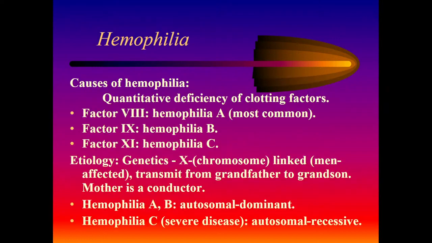Hemophilia. Cause of hemophilia: quantitative deficiency of clotting factors. Most often it is factor 8, hemophilia A. Factor 9 is hemophilia B and factor 11 is hemophilia C. Etiology: it's genetic, X chromosome linked.